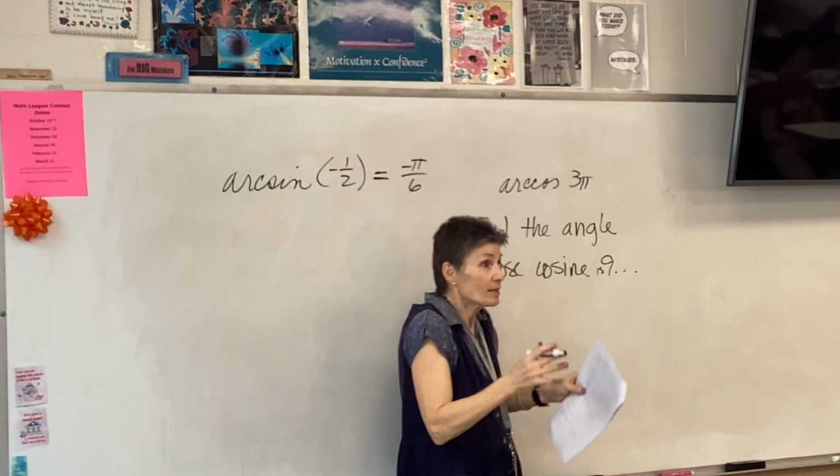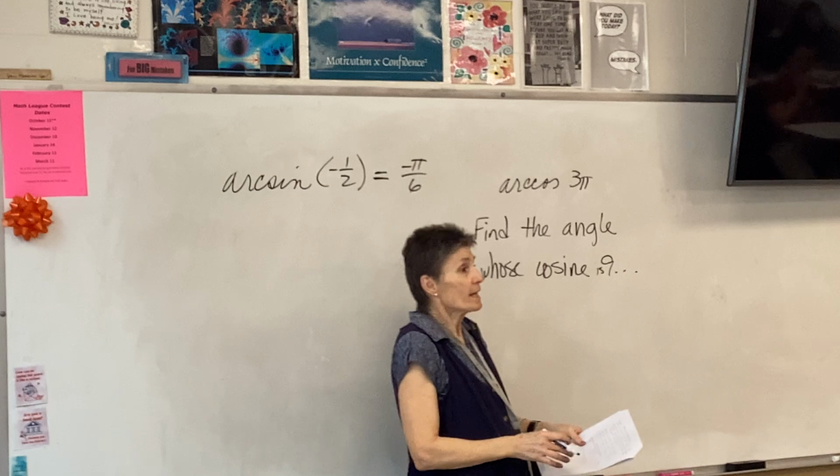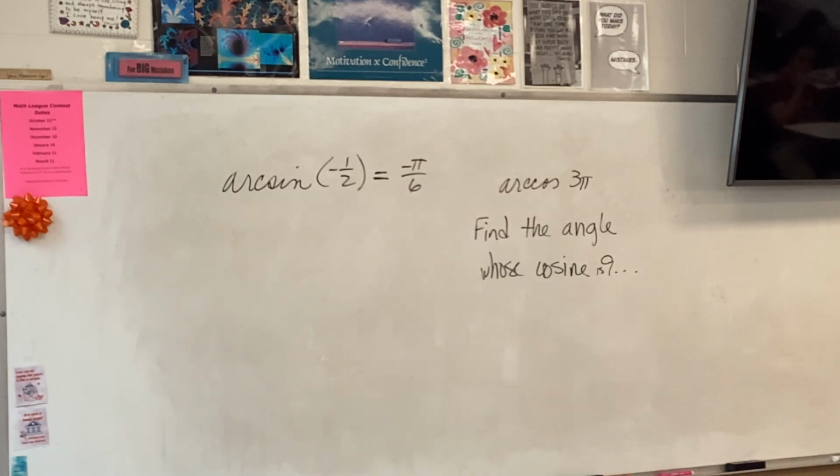Can you have a cosine that's 9? No. In fact, you can't have a cosine that's more than 1. Adjacent over hypotenuse cannot be more than 1. That's a no solution.